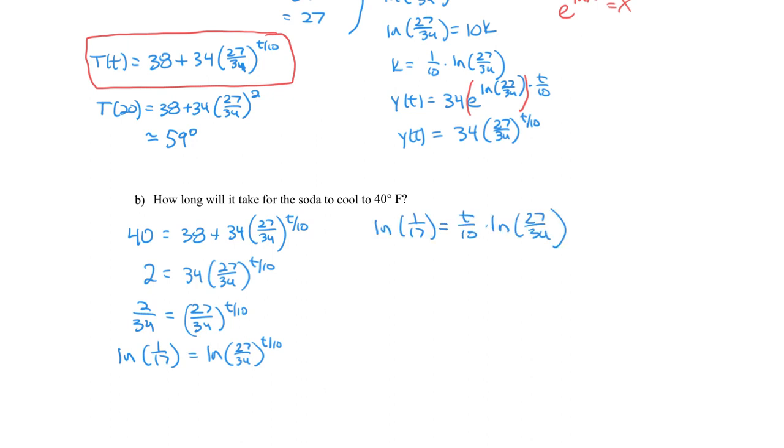Okay, now we've just got a lot of algebra. So I'm going to first just divide each side by this natural log. All right, divide this, so that'll leave us with t over 10. So if I do that, we get natural log of 1 over 17 divided by natural log of 27 over 34 equals t over 10.